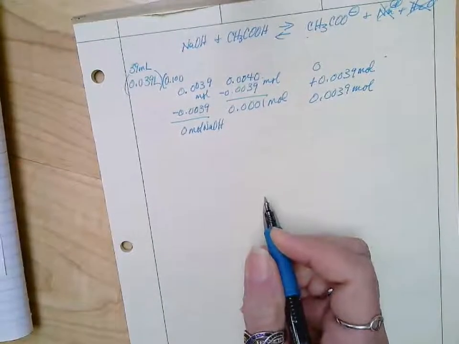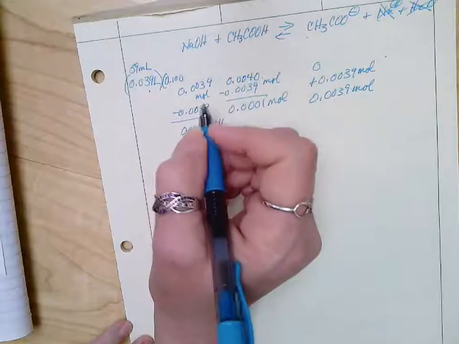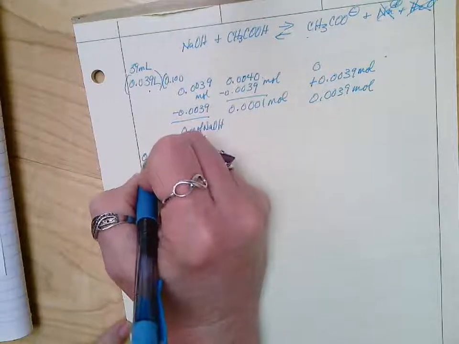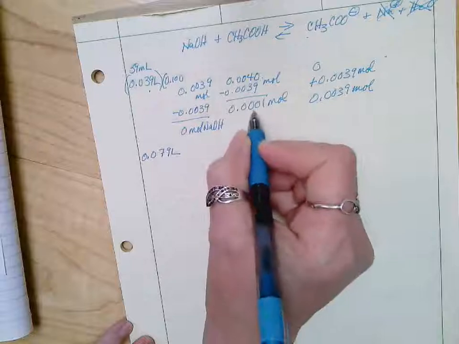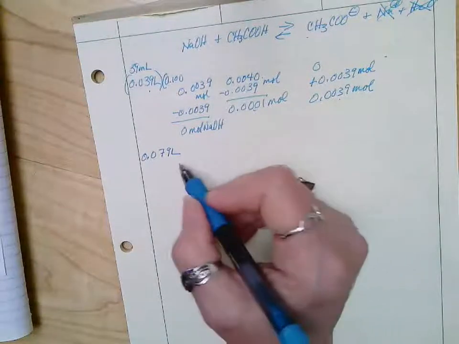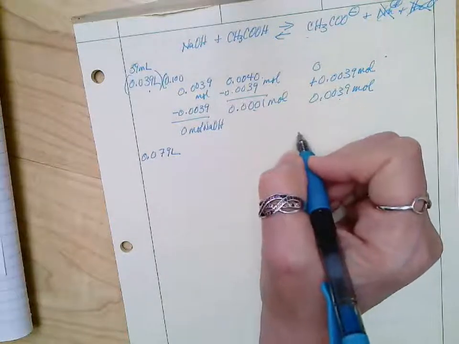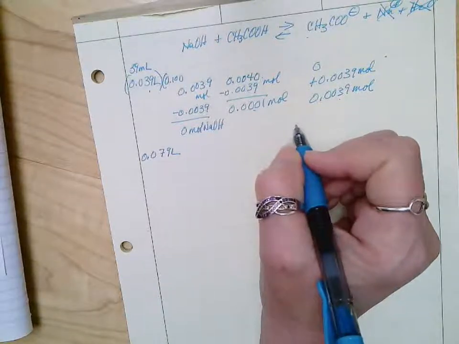Now, I've added 39 milliliters to 40 milliliters. So I have 79 milliliters, which is 0.079 liters. I have to convert these back to molarity. So I'm going to divide both of these by that volume. So I've got that one divided by 0.079.